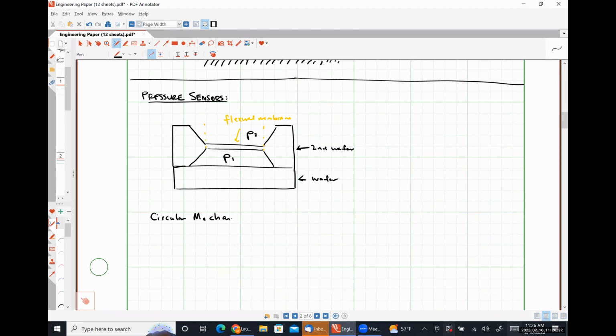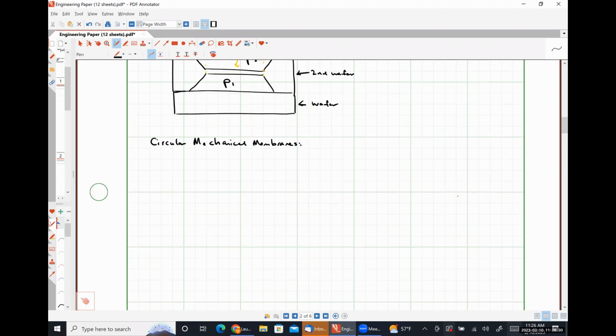Circular mechanical membranes. I'm attempting to draw a circle here. I am intentionally using dashed lines because what's inside of the circle here represents our membrane.